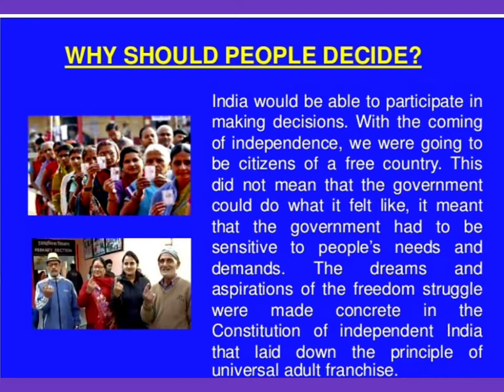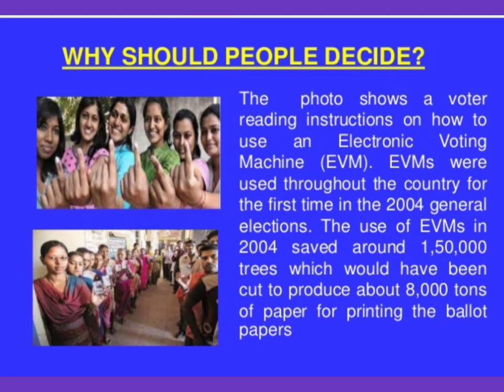Why not anyone else? Because in India, they were able to participate in making decisions. With the coming of independence, we were going to be citizens of a free country. This does not mean that the government could do what it felt like. It means that the government had to be sensitive to the needs of the citizens.